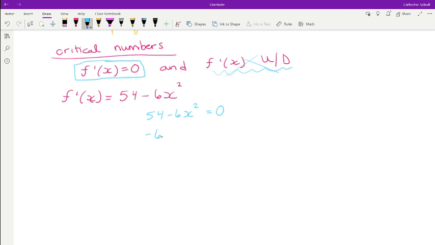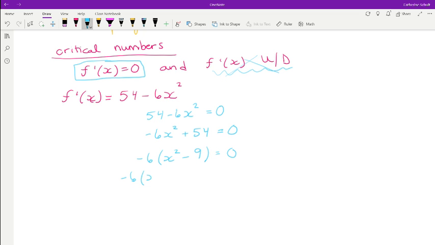Okay, so we can solve this a lot of different ways. I'm just going to rearrange this. I like to have the leading term first. We could definitely use our square root property. I'm going to factor out a -6 just to make it a little bit easier. Okay, and then we can do an x plus 3, x minus 3.